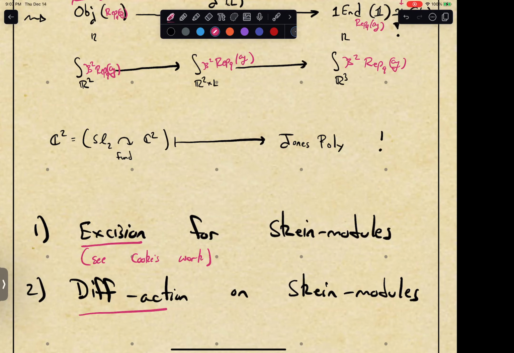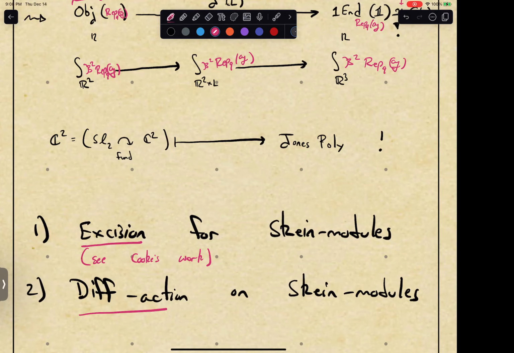So what's the difficulty in constructing this 4D TQFT you briefly mentioned, whose boundaries is really this restricting to lower dimensions?